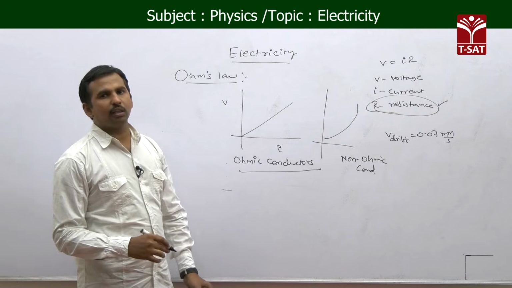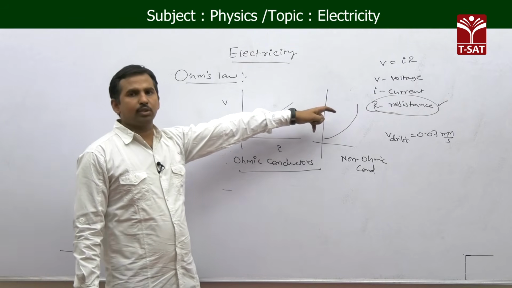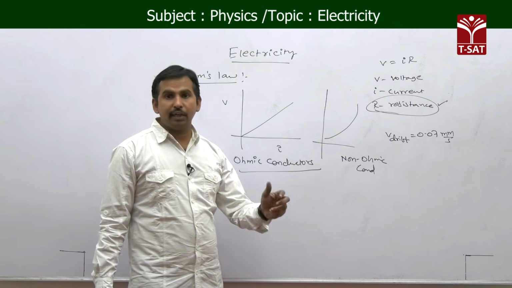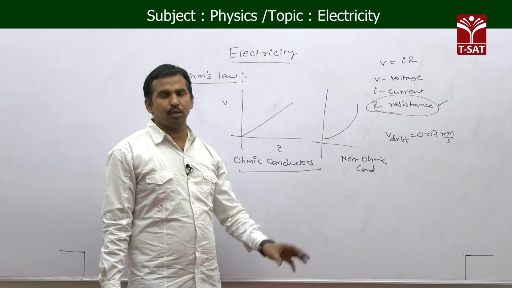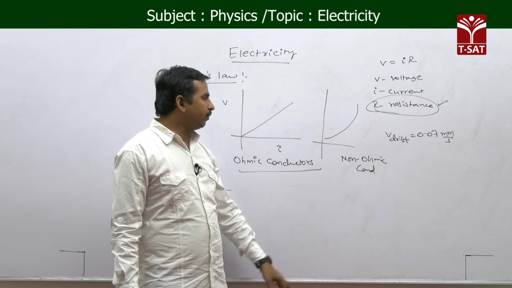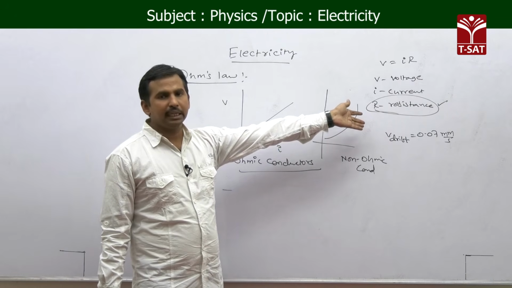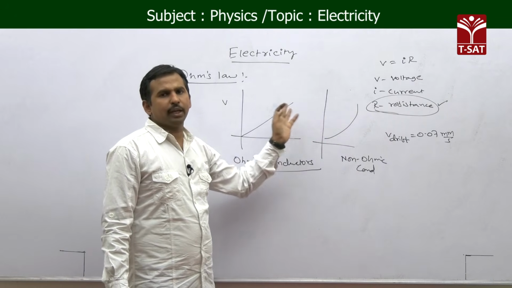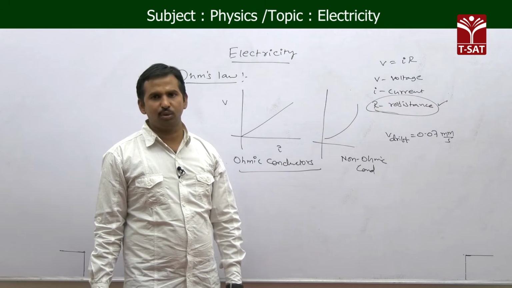So, we cannot apply Ohm's law to non-ohmic conductors like gaseous conductors, or LEDs, or even semiconductor devices like silicon and germanium. For them we get a curve. It is no more directly proportional; I is not directly proportional to V in those cases.